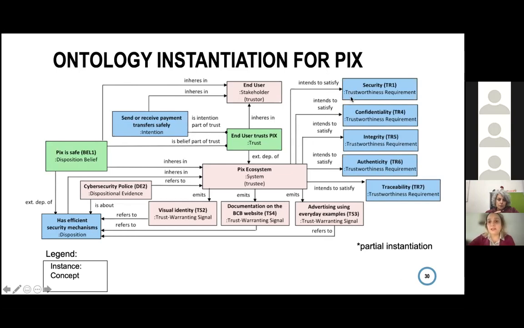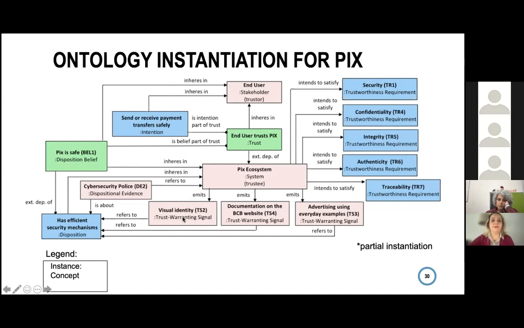It intends to satisfy different trustworthiness requirements. Here are a few: security, confidentiality, integrity, authenticity, transparency, and it emits several trustworthy signals, including the visual identity that we discovered in the case of Pix makes a big difference for the trust. The fact that everyone is using the same visual identity, right?